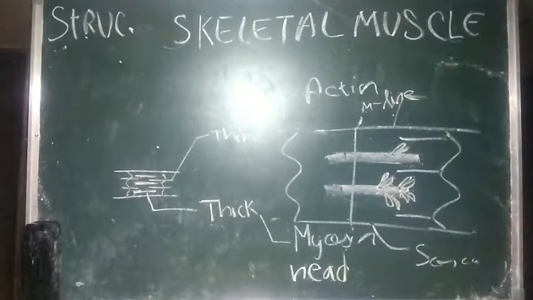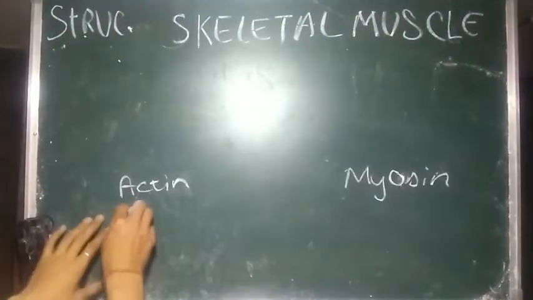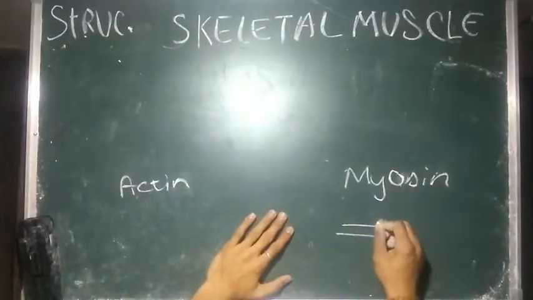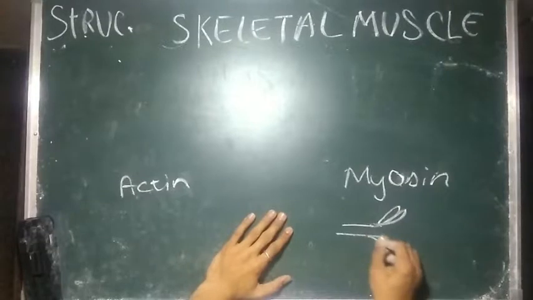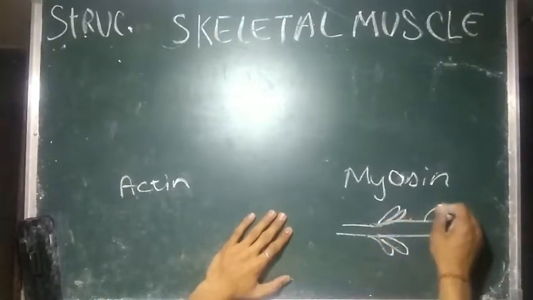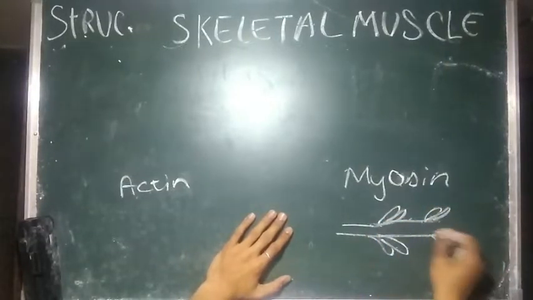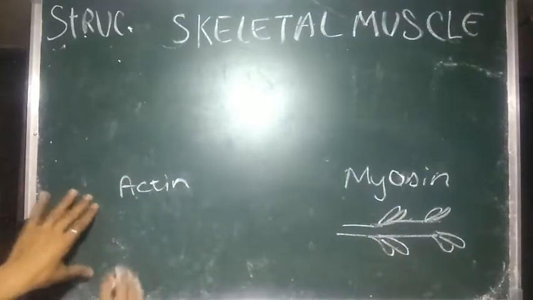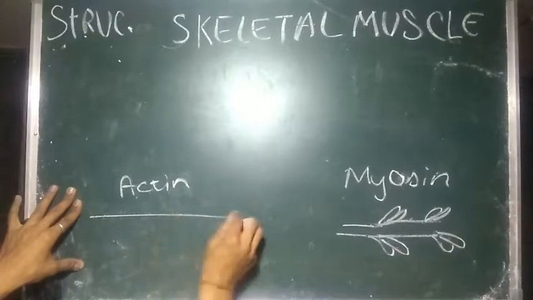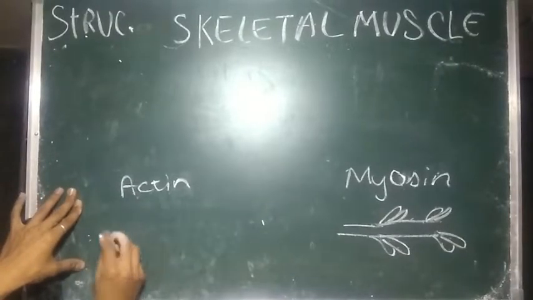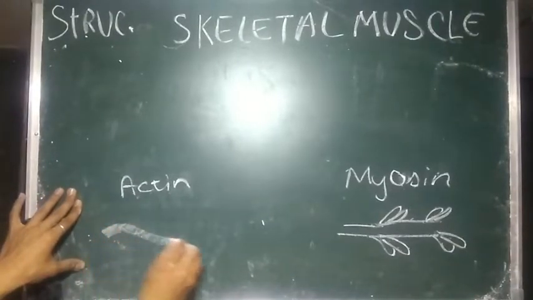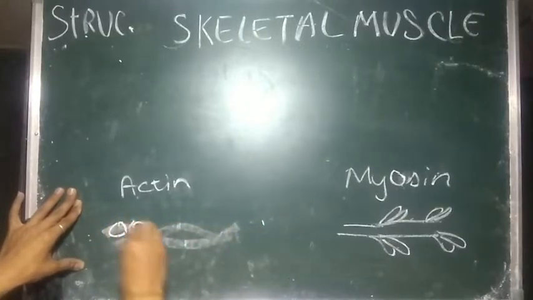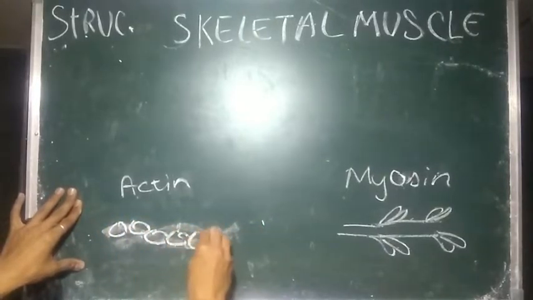So, actin filament and myosin filament. I have already told you that the myosin filament has myosin heads all over the filament, and actin is further made up of three kinds of proteins. Let's draw the structure. It's in the form of a helical structure, two rod-like strands of circular actin protein.